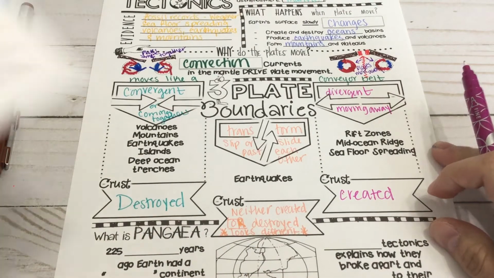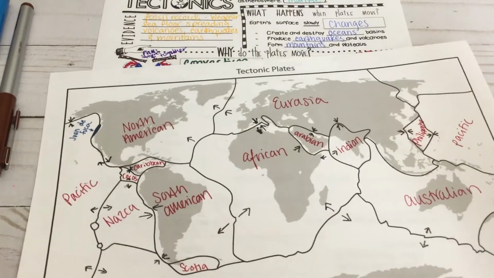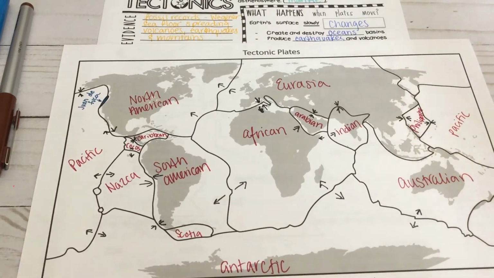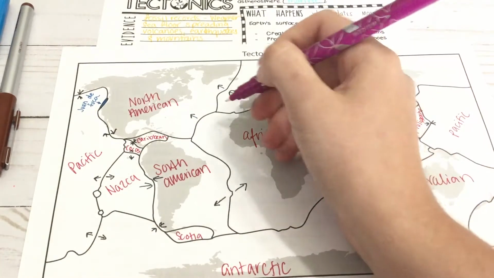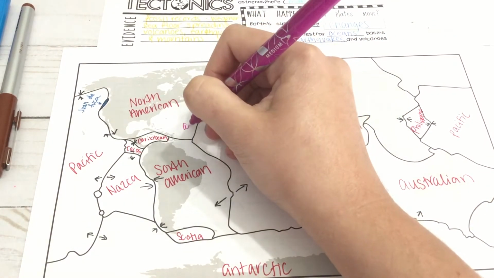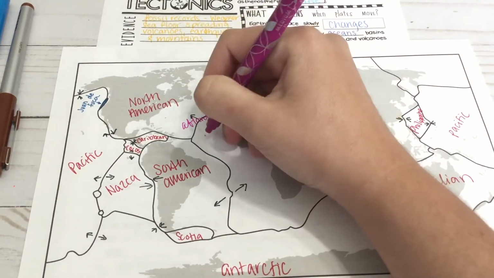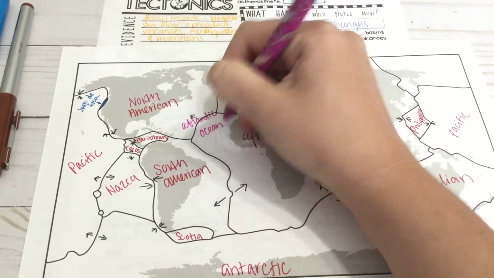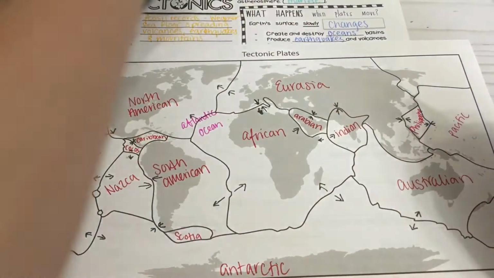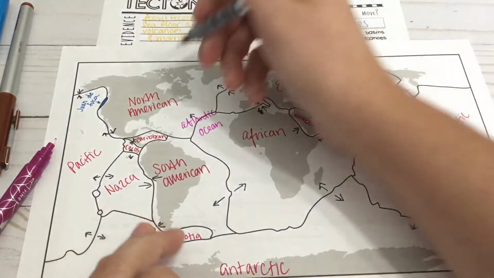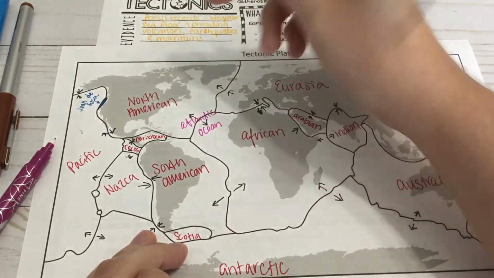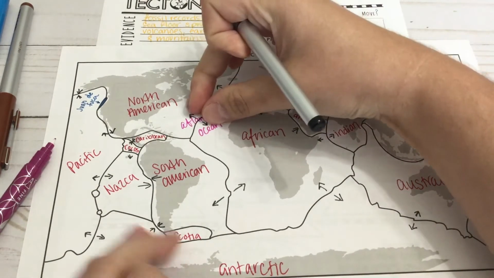So if we look at our tectonic map that you should have seen on, I believe it was Wednesday of last week, you can see here, this is the Atlantic Ocean. And you can see that this is a divergent boundary, okay?